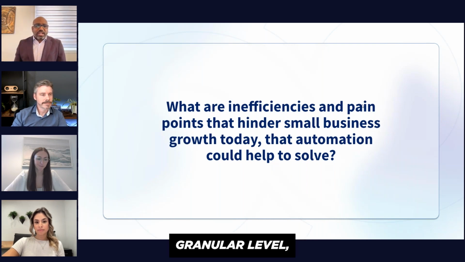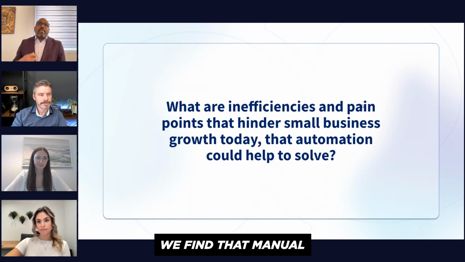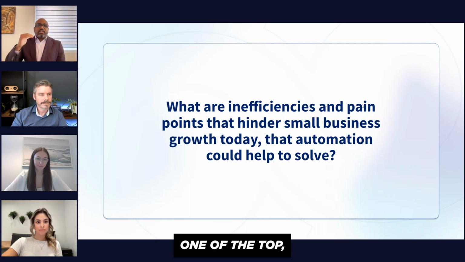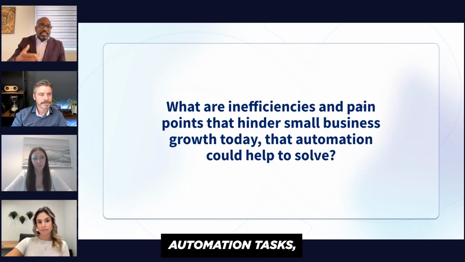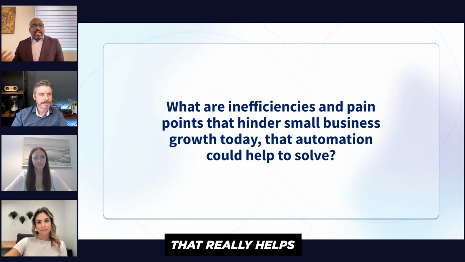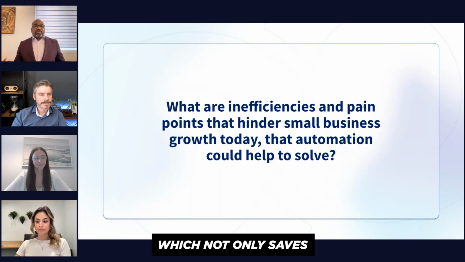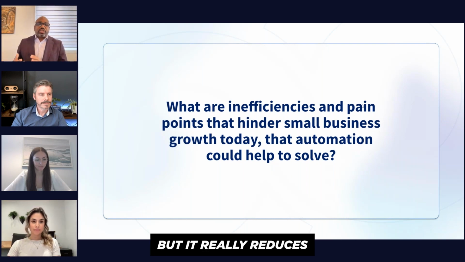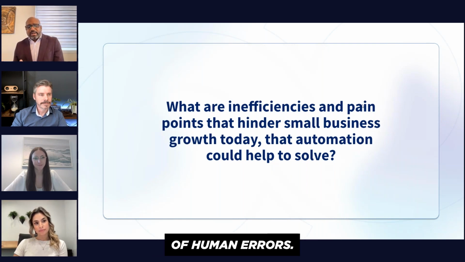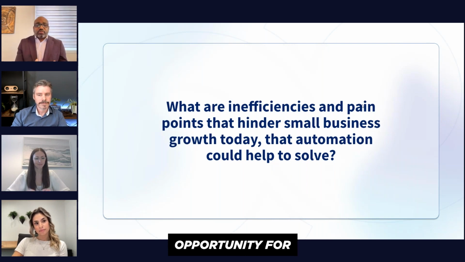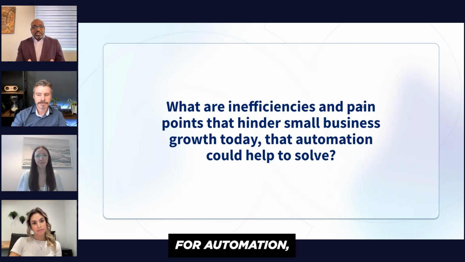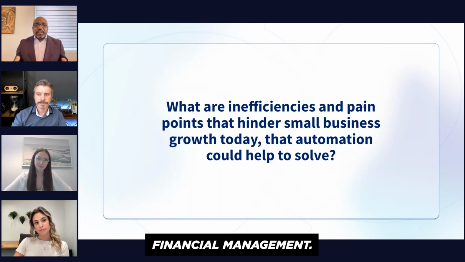When we get down to a more granular level, we find that manual data entry is one of the top automation tasks. Automating that really helps remove the need for manual data entry, which not only saves time for them, but it really reduces the risk of human errors. Another area that we see a lot of opportunity for automation is inefficient financial management.